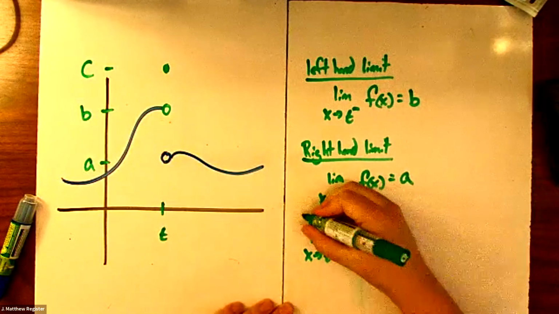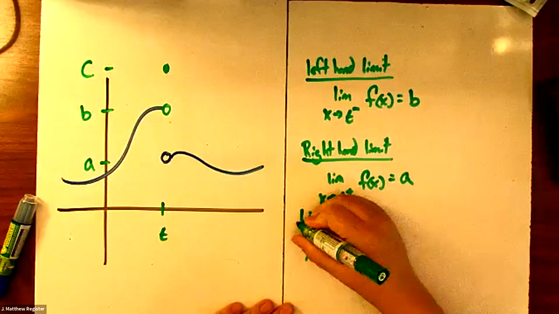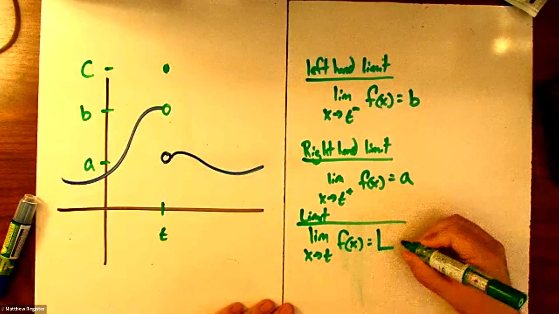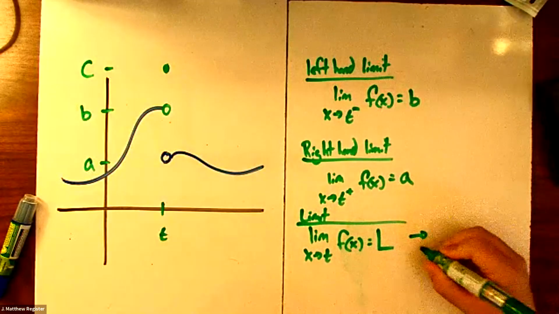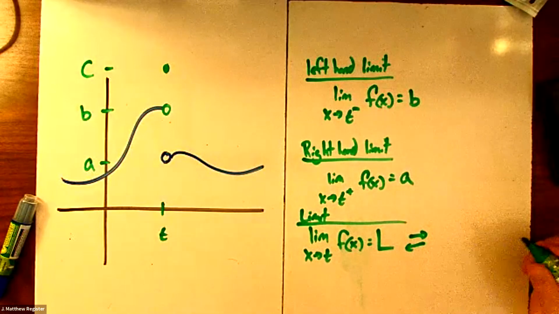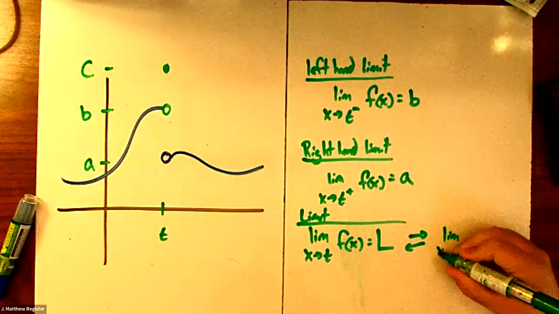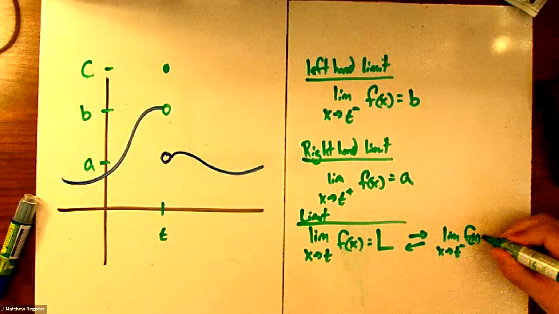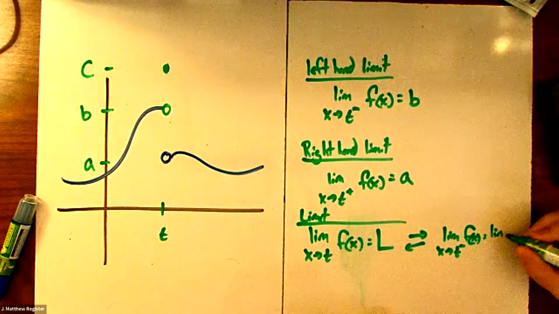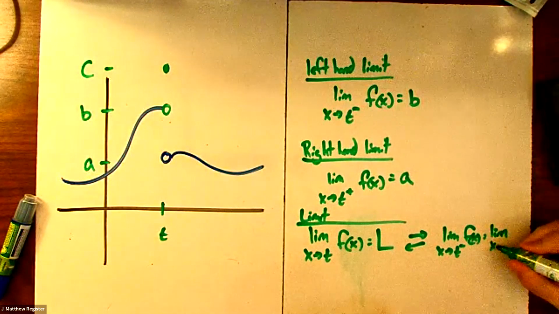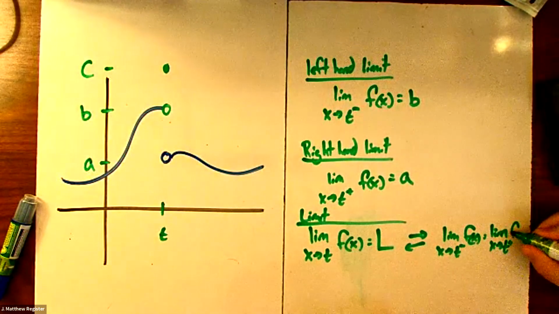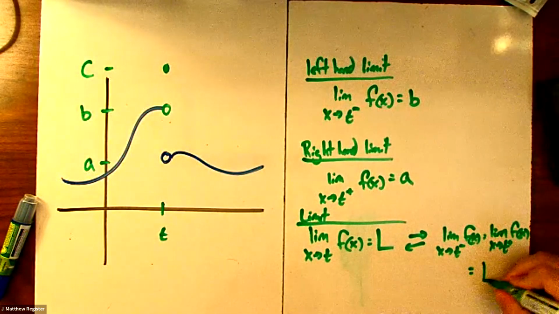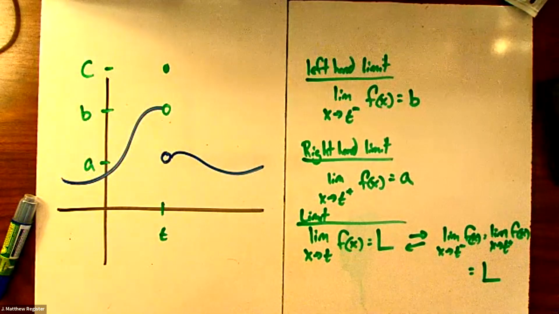So let's say the actual limit of the function is equal to L if and only if the left-hand limit of the function is equal to the right side, or the right-hand limit. And in that case, whatever value you get is going to be the limit.